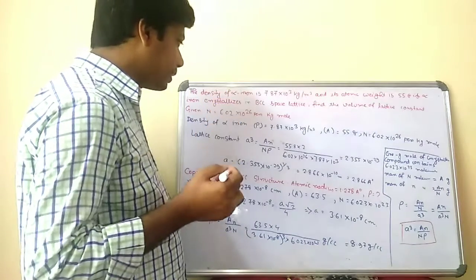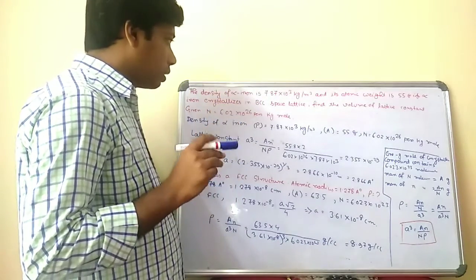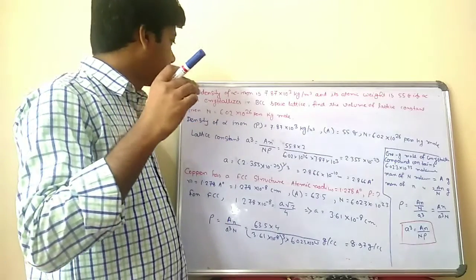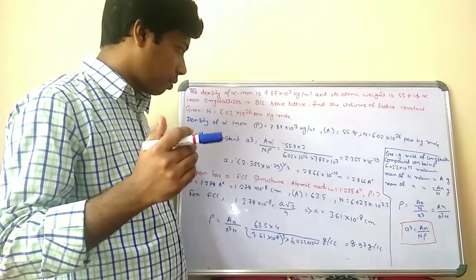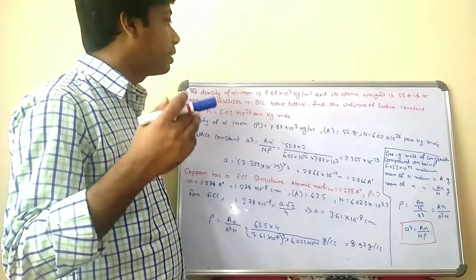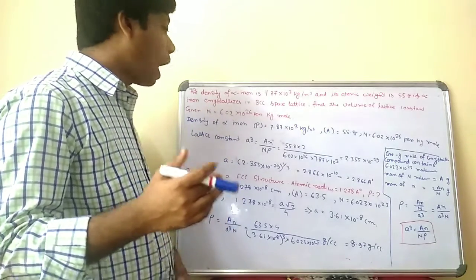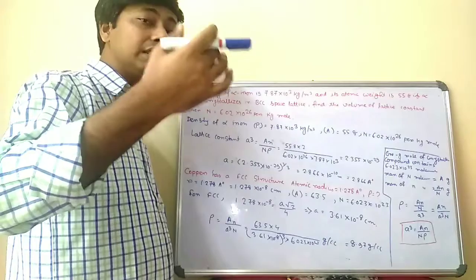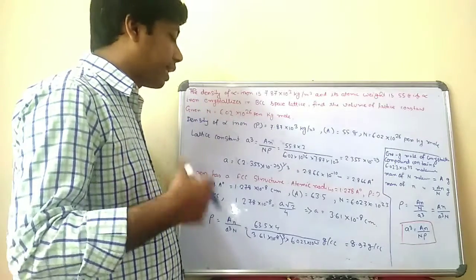Now you have to calculate the density for the BCC space lattice, because iron crystallizes into a BCC space lattice.